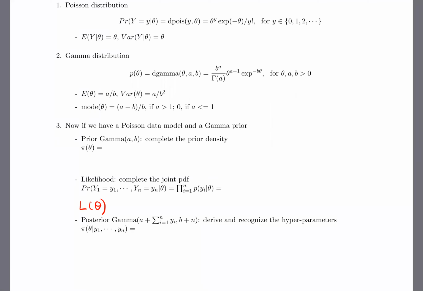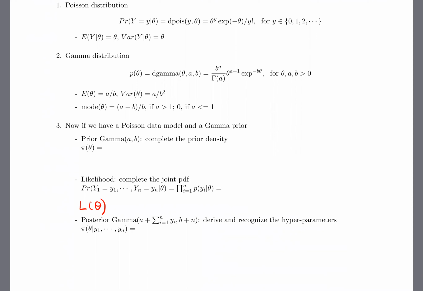Okay, so remember, we always try to express the likelihood as a function of the unknown parameters, which is going to help you later to derive the posterior. And then lastly is the task of deriving the gamma posterior. I give the result here already, but I want you to derive it and then verify this result.